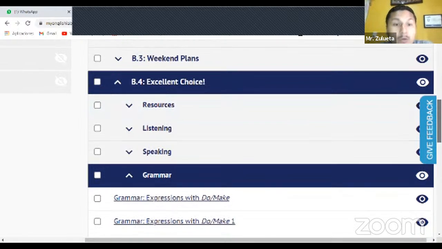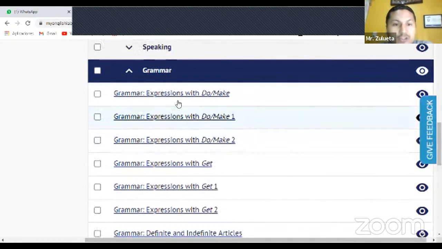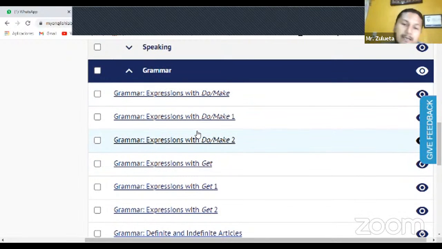This unit is Unit 4, Excellent Choice. But I am only going to concentrate on two grammar aspects: expressions with do and make, and also expressions with the verb get. These are two important and difficult verbs because if we translate them into Spanish, they basically mean the same: to do and to make.